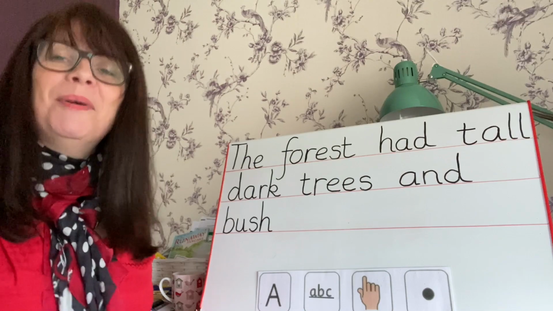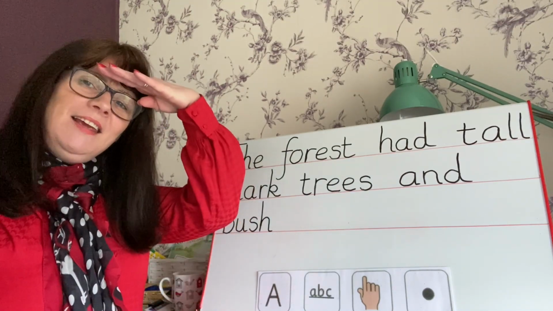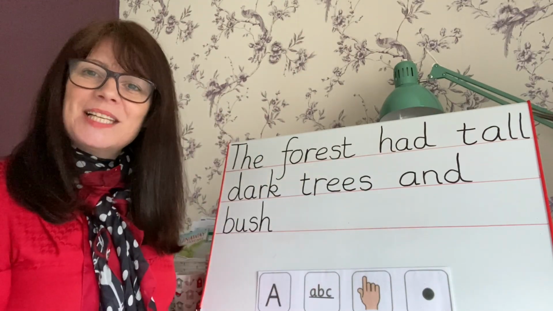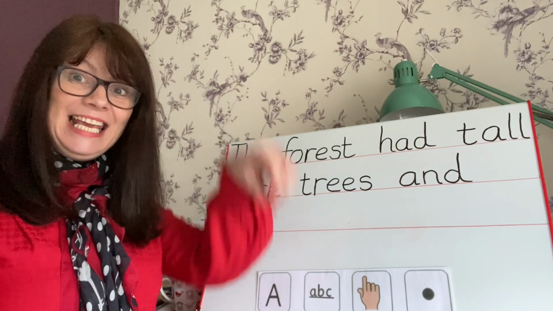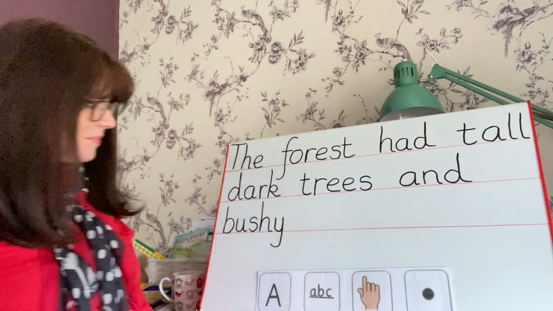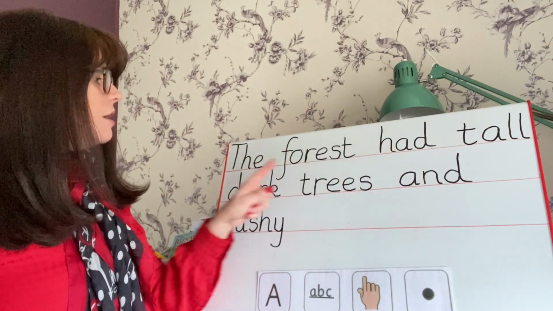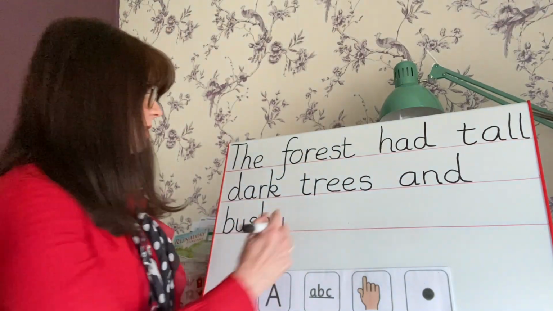Oh, do you remember? Bush. E. I know this E, and I know this E. But which E goes at the end of a word most of the time? That's right. E. Bushy. The forest had tall, dark trees and bushy, bright.